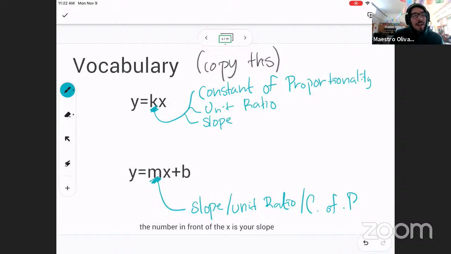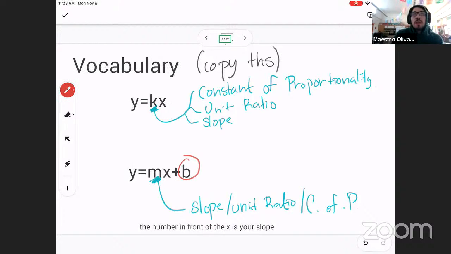So let's see if somebody knows. Does anybody know what B represents? Okay.